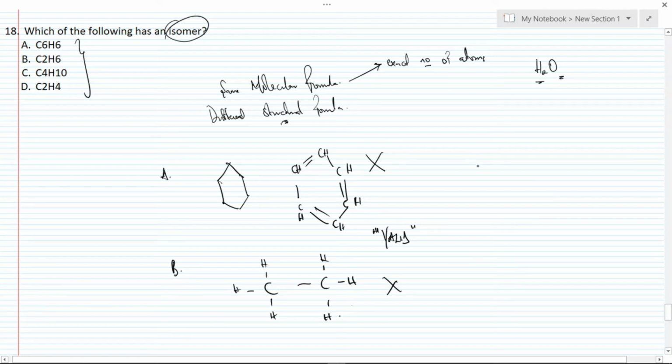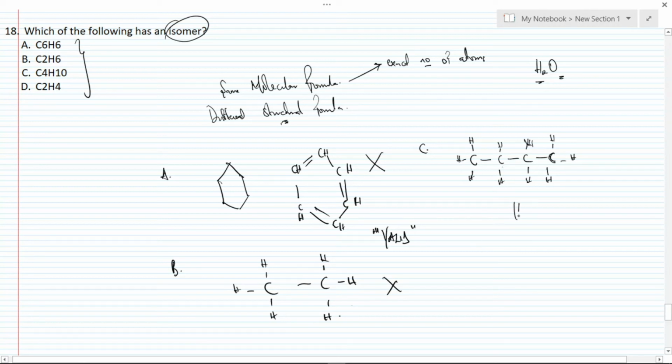Next one is butane. We have 10 hydrogens. This is option C. Unlike the previous ones that we've not been able to modify the structure, here we can decide, rather than having this carbon at last, to bring it to probably the second carbon.